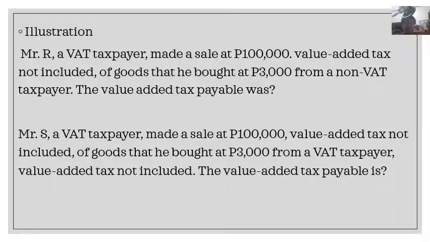So, please take note, kapag sinabi sa problem na VAT not included, ang gagawin mo is you have to multiply yung tax rate. Multiply mo lang. Pag VAT not included, multiply mo lang yung tax rate na 12%, 0% o kaya 5%. Pero what if ang sinabi ay VAT included?